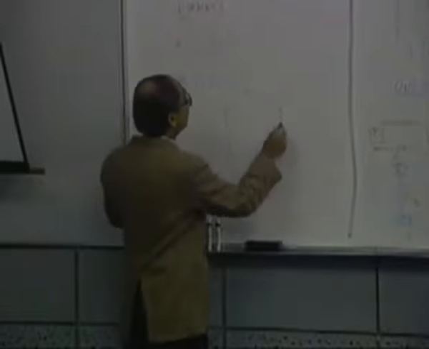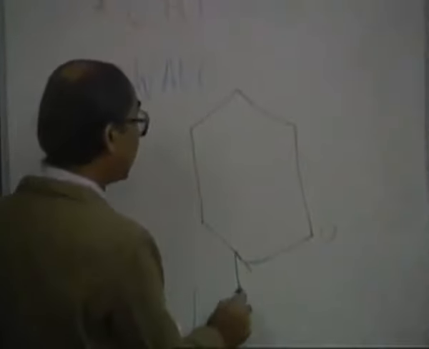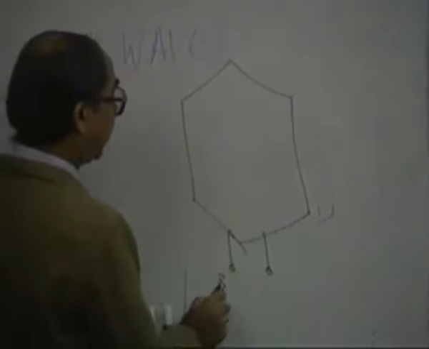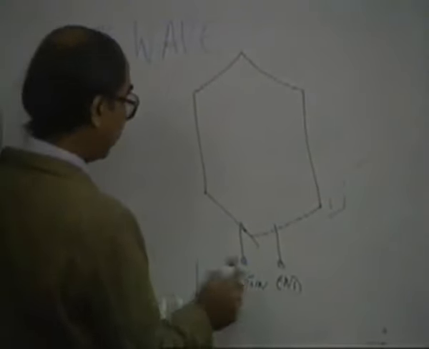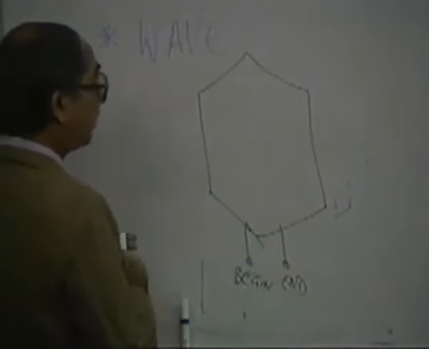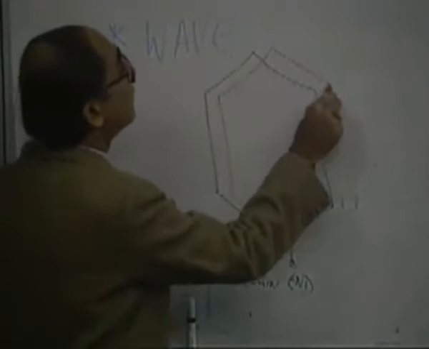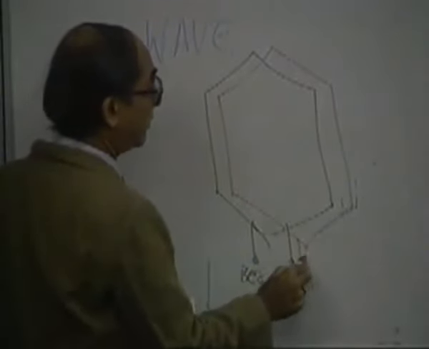Let us say this is one coil with its begin and end points. Now, there is another coil, this next coil will also have its begin and end.